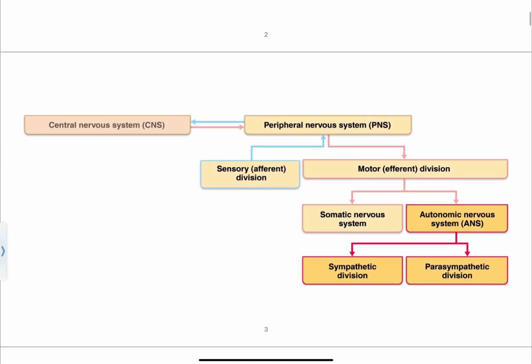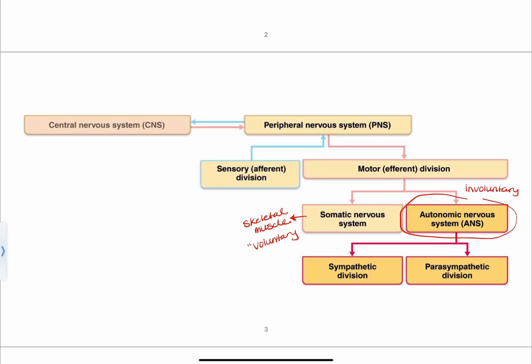So here's an overview. We've seen this picture before. We covered the central nervous system in the previous chapter. Now we're moving on to our autonomic nervous system here. This was skeletal muscle, and our voluntary nervous system. And now we're here to our autonomic nervous system, which is involuntary.